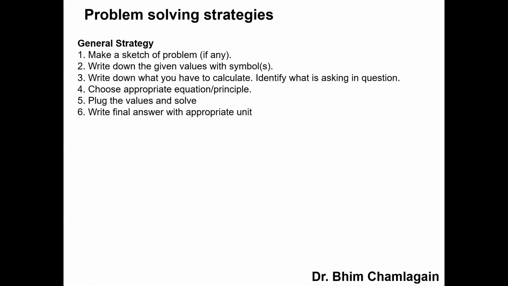Sometimes it is easier to identify the problem and write down all the values if you make a sketch. Sometimes all the values are given so you don't need it, so number one is optional, depending upon the problem.